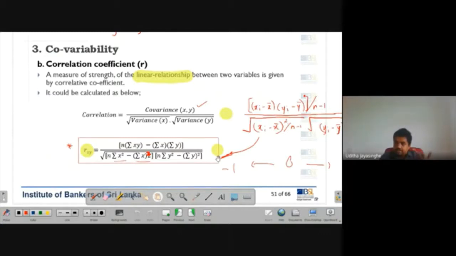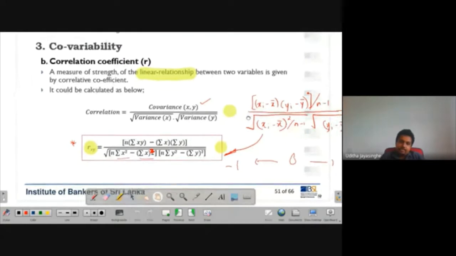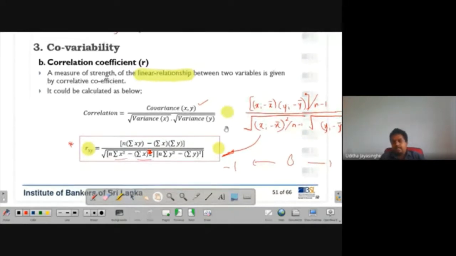In such instances, you can forget about the covariance and variance and standard deviation and calculate the correlation coefficient by using this lengthier equation. Okay, I believe that's good enough for a bit of explanation on the last equation.